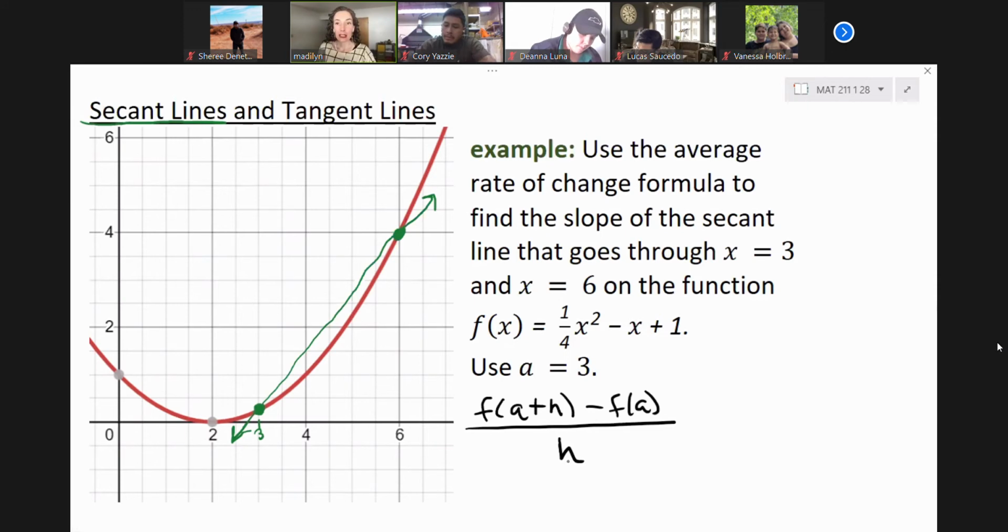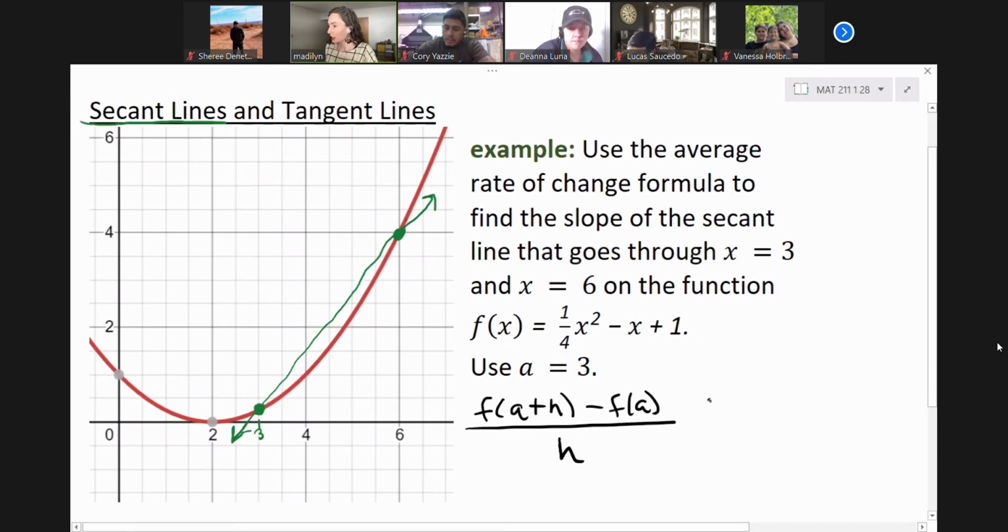So you'll notice in this context, the average rate of change formula is really just the slope formula between 2 points. We're subtracting the y of 1 point minus the y of another point, divided by the x's subtracted.